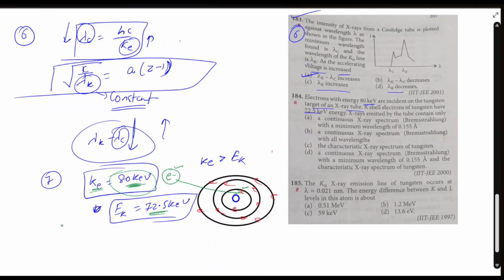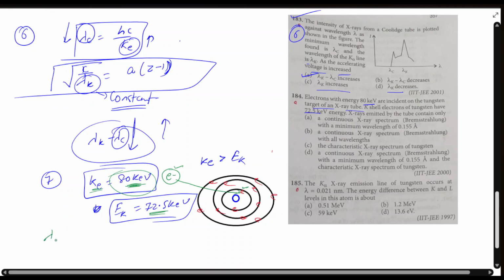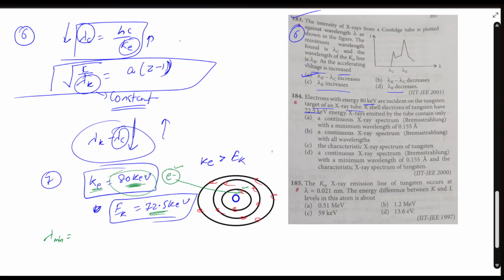So let's first find the minimum wavelength. Lambda minimum will be, of course, when no energy is given away and this electron loses all of its energy and releases a photon. So there will be no emission of K alpha wavelength.